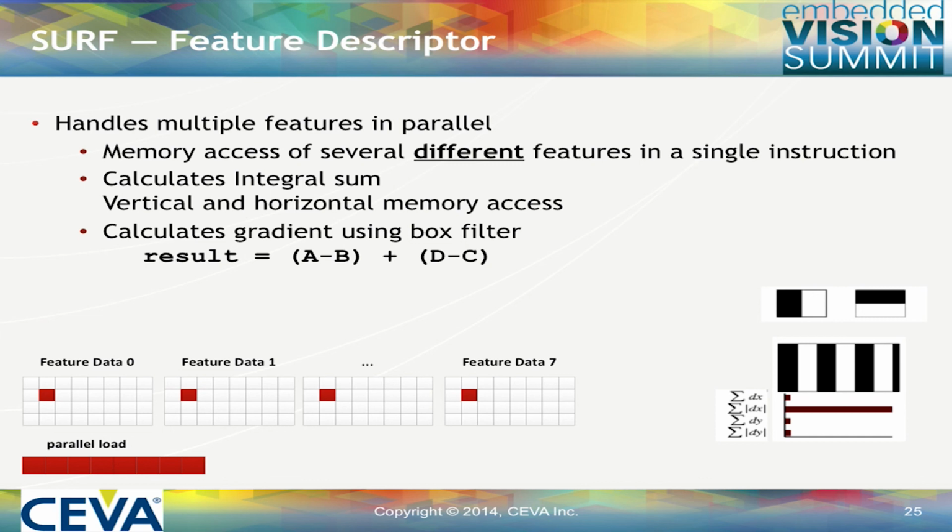And the challenge here is that again, we need to calculate these things in different areas of the image. So again, we take advantage of the multiscalar or parallel load technology in order to calculate several features in several areas at a time.